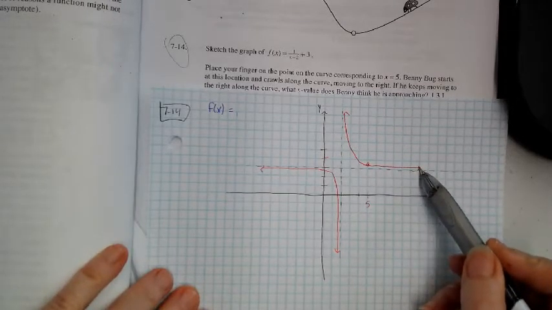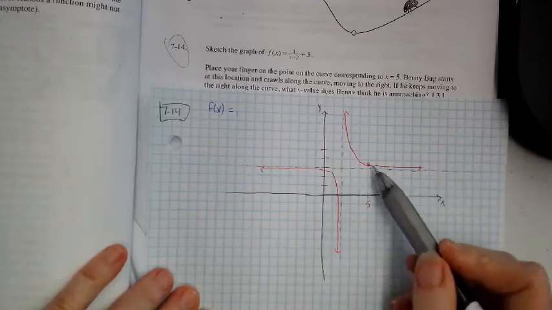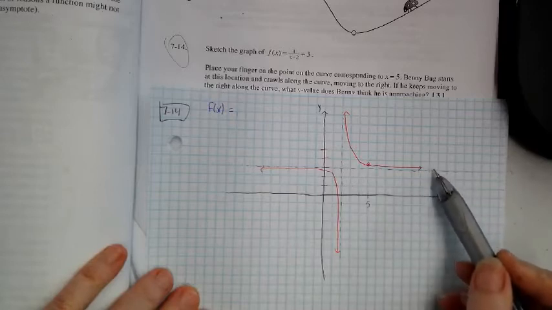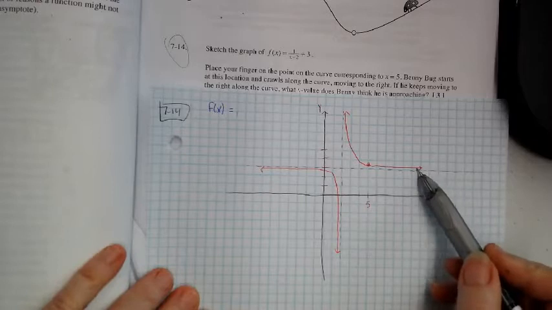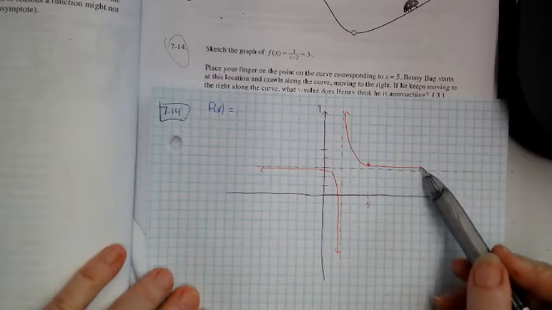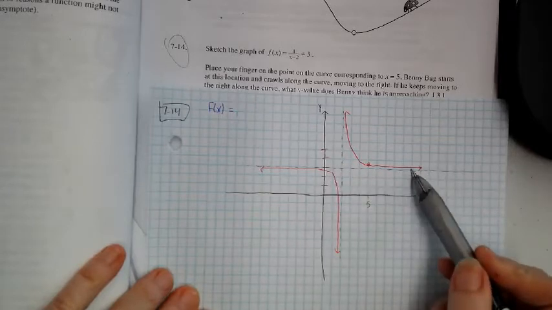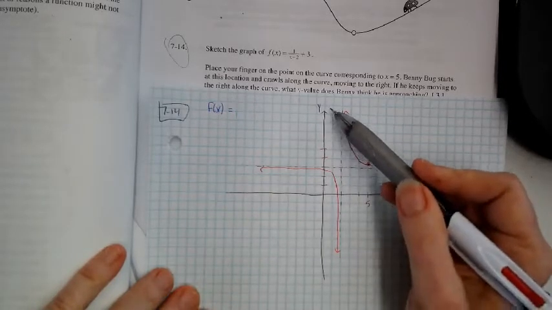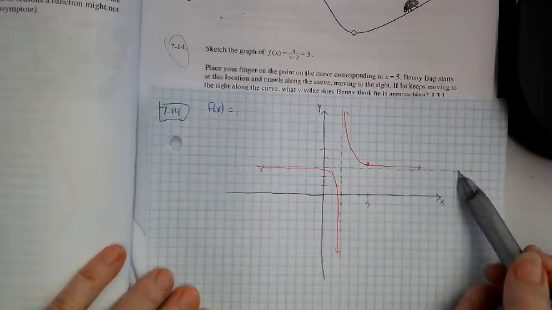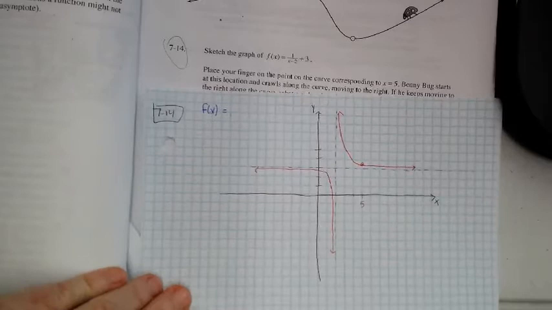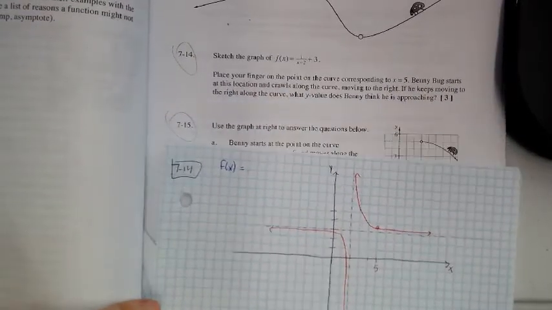And he gets to the arrow, and the arrow on the curve just says that it's going to keep going, but this dotted line says there's an asymptote there. So where does he think he's going? Well, what they want you to say is that he's going to y equals 3, because as far as the y values go, that's what this graph is approaching. It's approaching 3. Okay, hopefully that made sense.